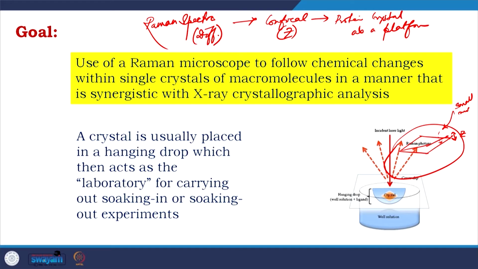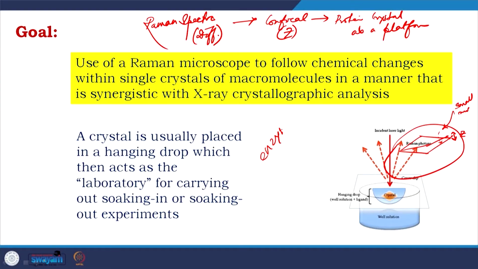So, this is the crystal we put here. Gradually the small molecule goes inside the protein crystal. Now the enzyme will react, and that would change the molecule, as I was saying. Whenever there is a change, there would be a change in the spectra.